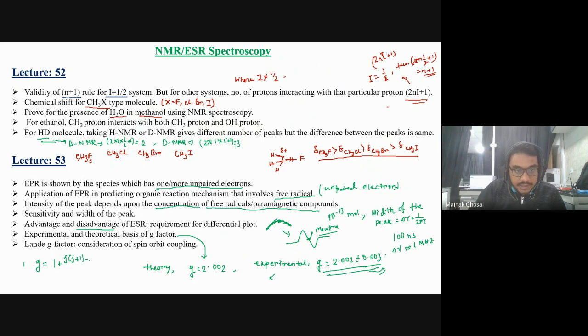minus L into L plus 1 plus S into S plus 1 by 2 J into J plus 1. So you can see here the expression of G, whenever there is some spin orbit coupling in the system, G will take this form, and this G is known as the Landé G factor.